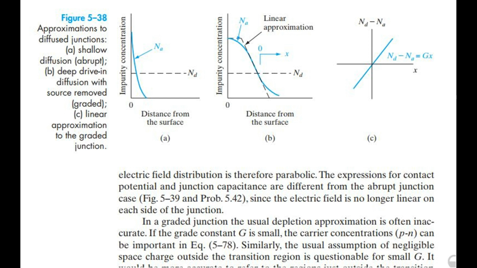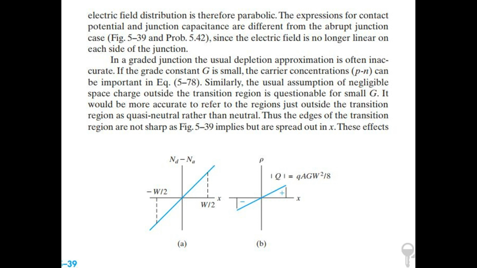In a graded junction the usual depletion approximation is often inaccurate. If the grade constant G is small, the carrier concentrations, p and n, can be important in EQ 5.78. Similarly, the usual assumption of negligible space charge outside the transition region is questionable for small G. It would be more accurate to refer to the regions just outside the transition region as quasi-neutral rather than neutral.